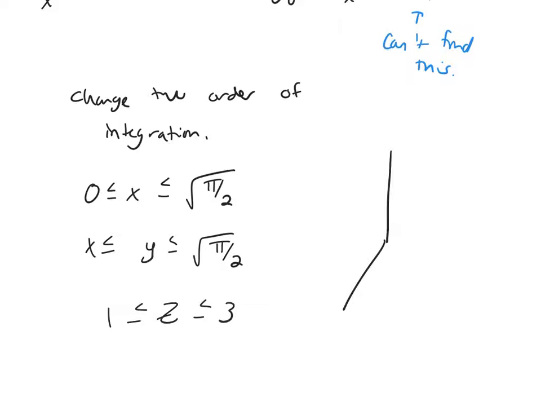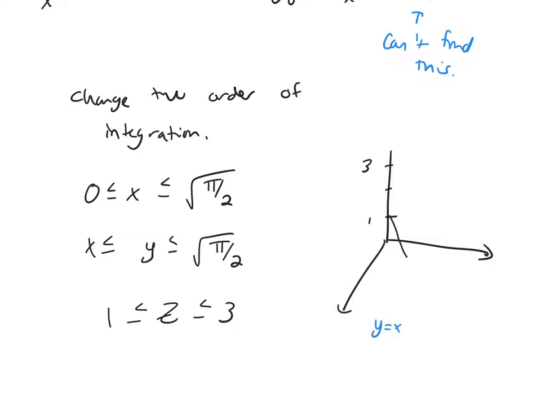So I'm going to look at this region here. Z is between 1 and 3. And then I'm looking at y. My bottom bound for y is y equals x. So that's coming diagonally out of the origin here.